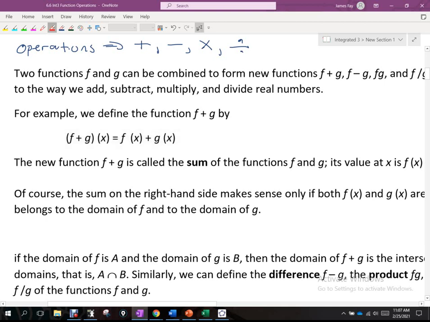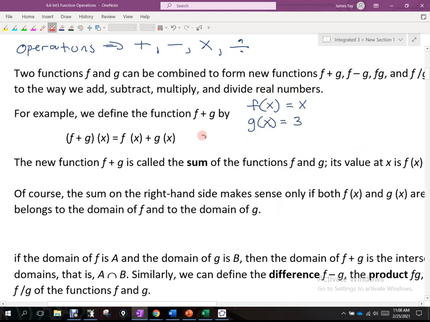If I tell you we have a function f of x equals x, essentially that's the line y equals x. Does that make sense? And I give you another one, g of x, let's say, is equal to 3. So there we've got the line y equals 3.